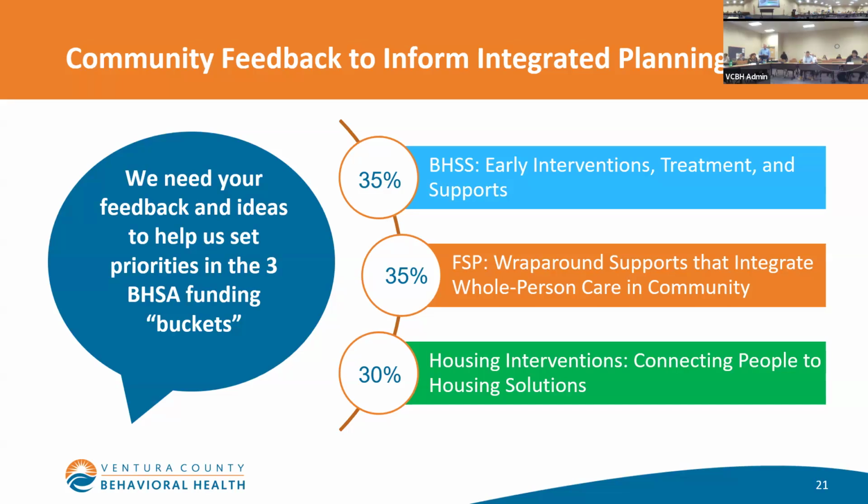We will be talking about full service programming, which is intensive wraparound services that integrate and provide whole person care for people in community-based settings, right? And the 30% of funding that will go towards housing interventions, which is for people with chronic and severe behavioral health needs, connecting them to housing solutions. All right. So I'm going to pause there.